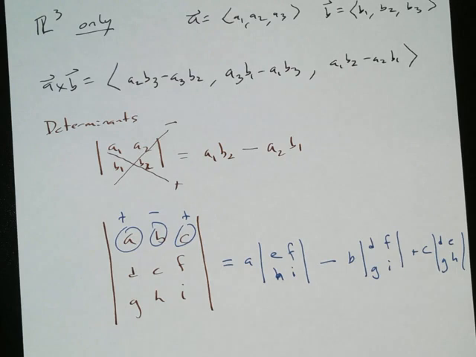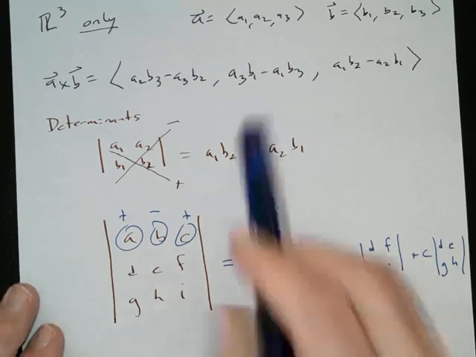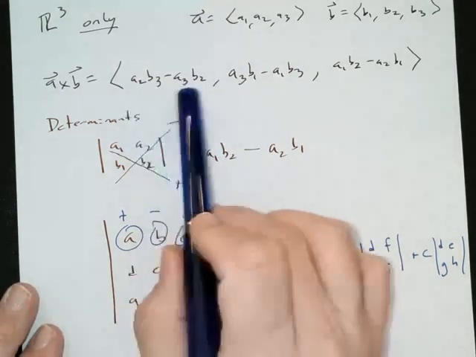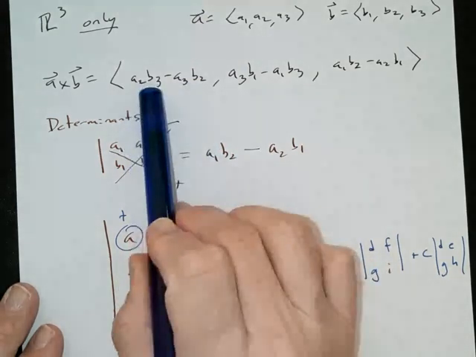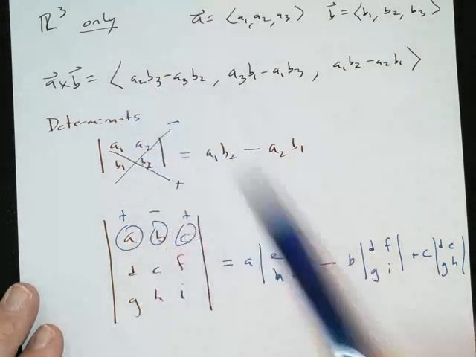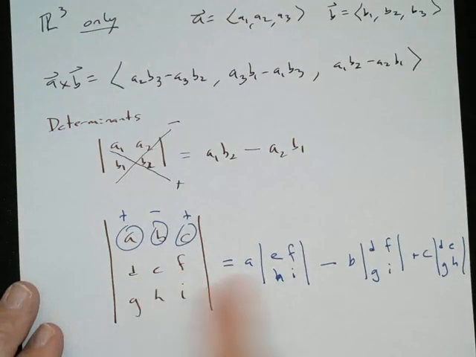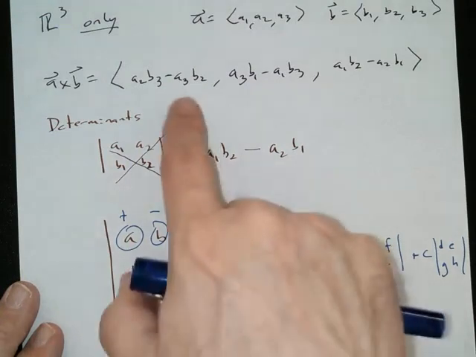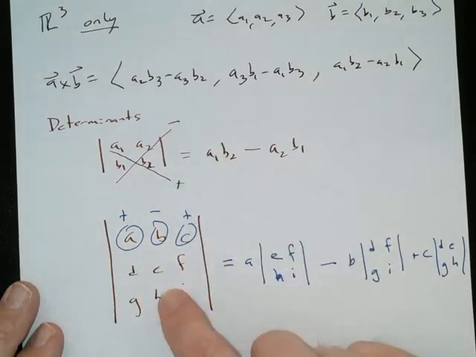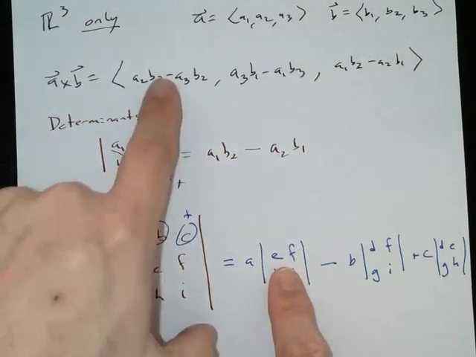With this setup, look at this formula. A2B3, A3B2. If I had A in this row, that would be A2B3, E times I. A3B2, F times H. That's this submatrix.